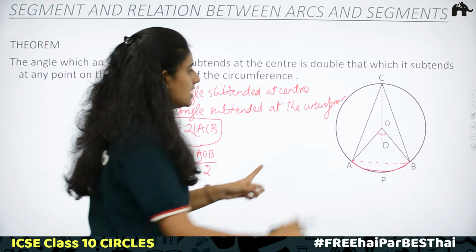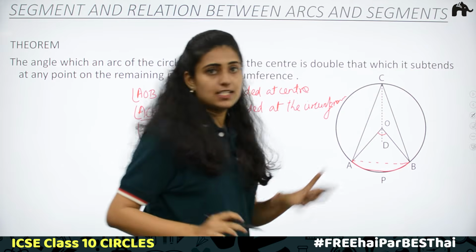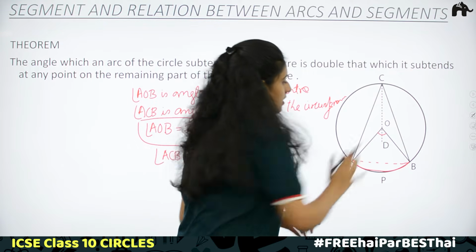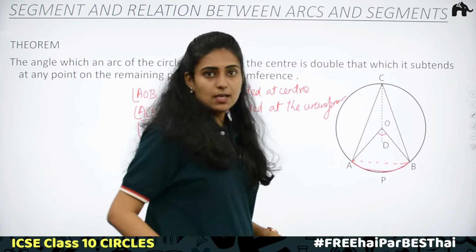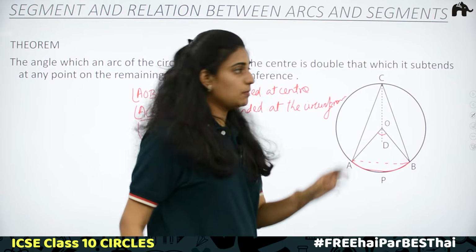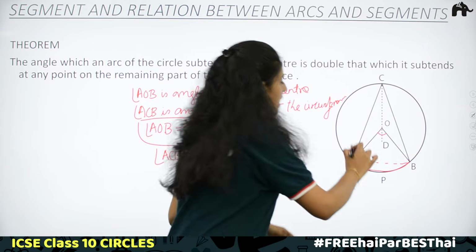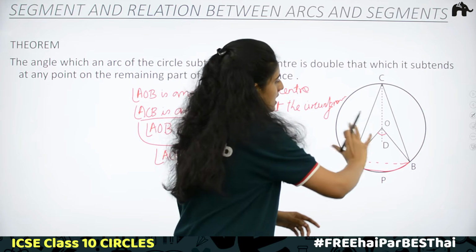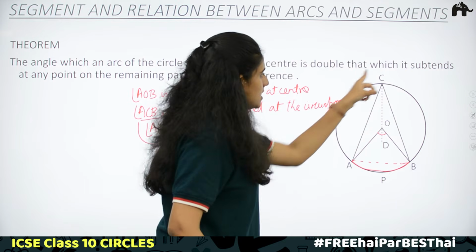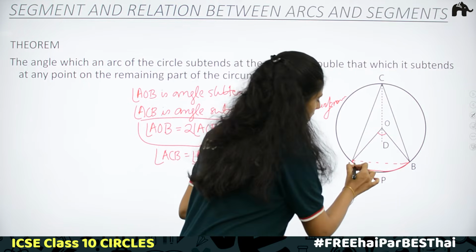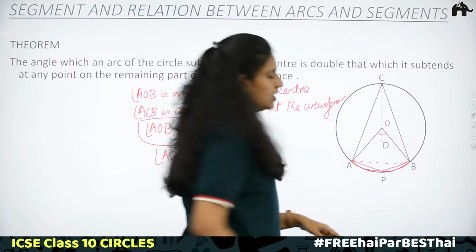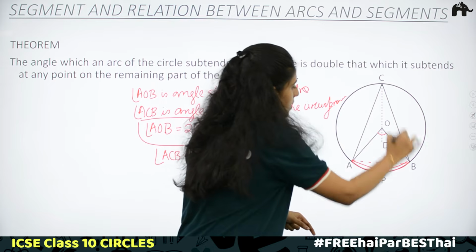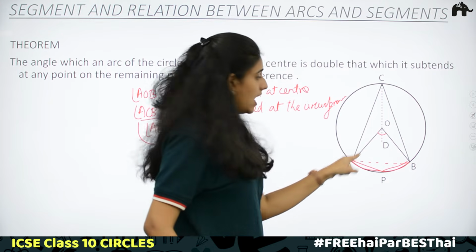It is clear that ACB is an angle subtended in the major segment, and the measure of ACB will always be less than AOB. If you consider the cyclic quadrilateral ACBP, formed by joining this, it is clear that ACB is less than AOB.